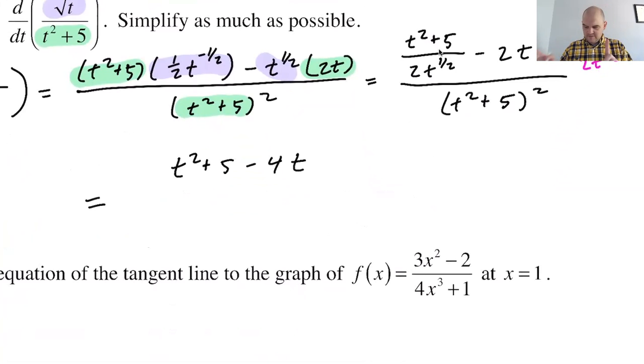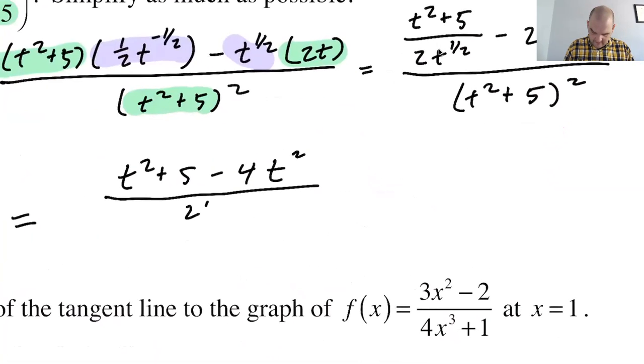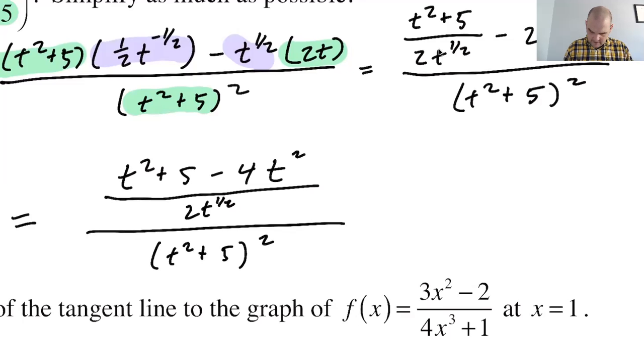That's 2 times 2, and then t to the 3/2 times t to the 1/2 is t to the 4/2, which is t squared, over 2t to the 1/2, all over t squared plus 5 squared.